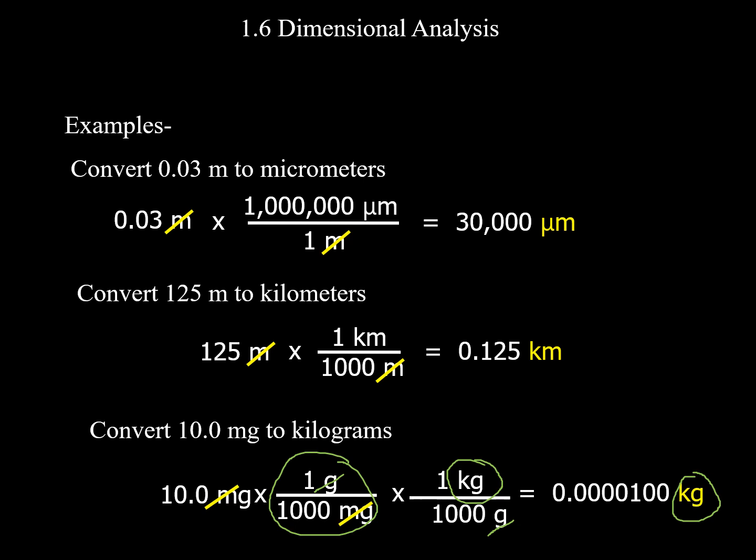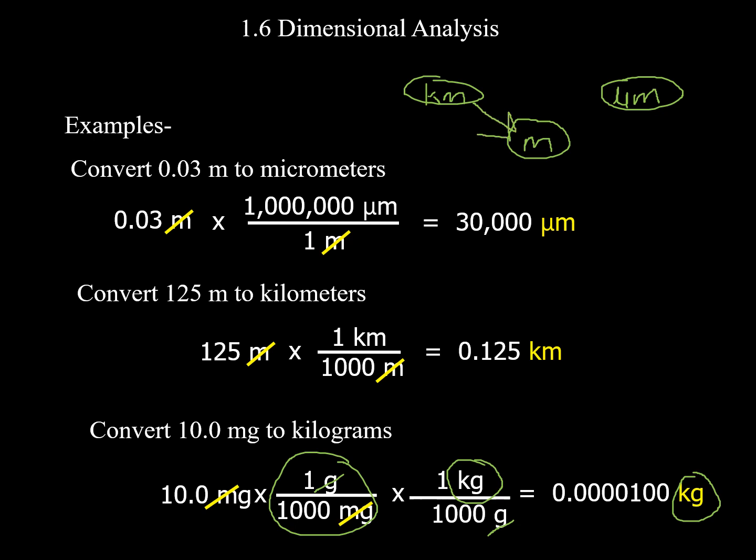I'll show you how to use road maps later, but for instance, if you have meters in the middle, which is our SI unit, if I wanted to go from, for instance, kilometers to micrometers, you always go to the SI unit first.